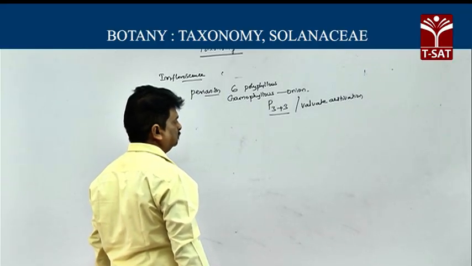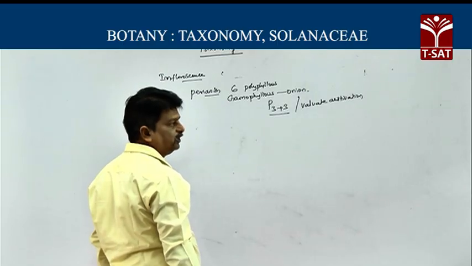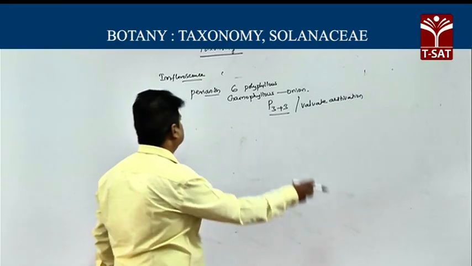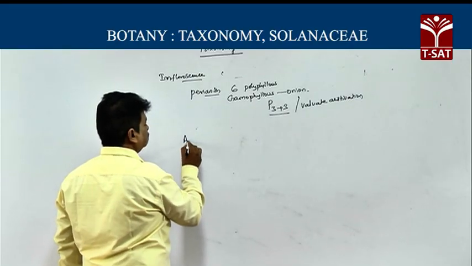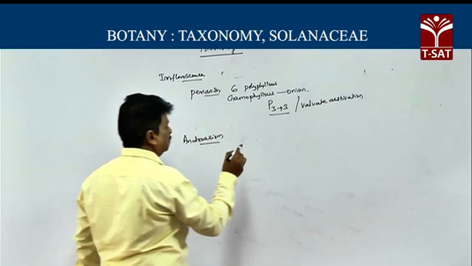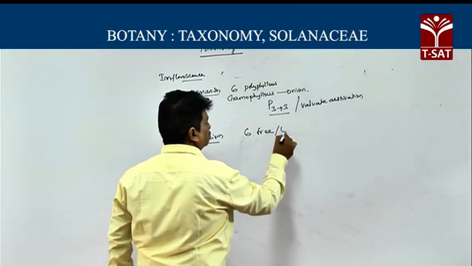Among tepals, in the inner row, the odd tepal is anterior; in the outer row, the odd tepal is posterior. The next one, androecium. Stamens 6, generally free.